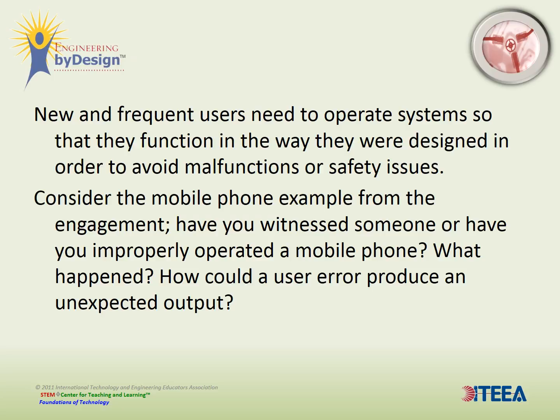Now, let's think about your cell phone. Have you ever looked at someone and they're using their cell phone and they're not using it properly? Have you all ever seen that? One of the things that I could think of for not using your cell phone properly is having your cell phone on you while you're out there pumping gas into your car.